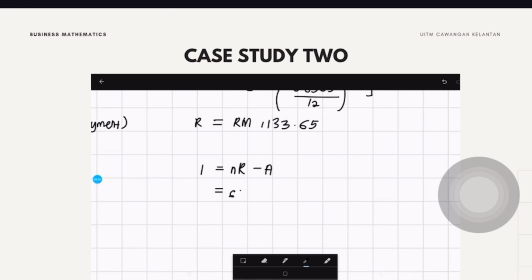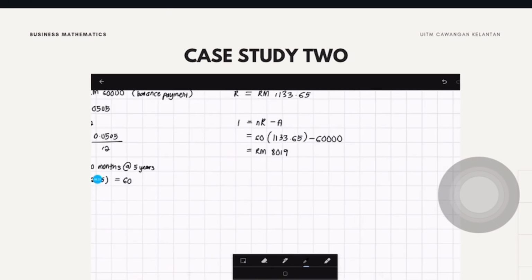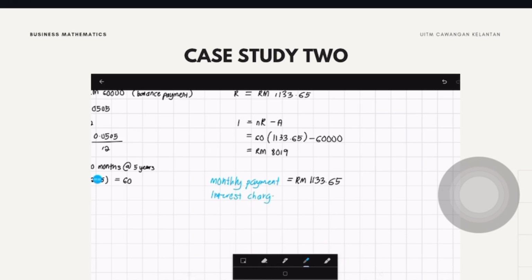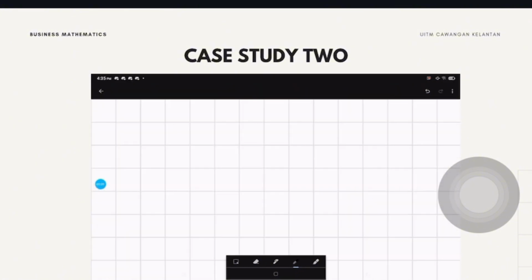R is Rm 1133.65. Compound interest is Rm 8,019, so the monthly payment is Rm 1,133.65. Now we move to the next question, which is 2b2.